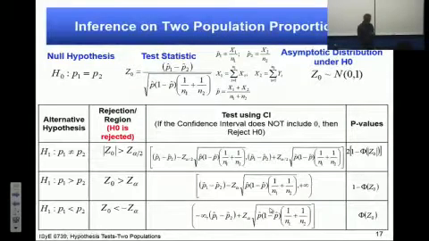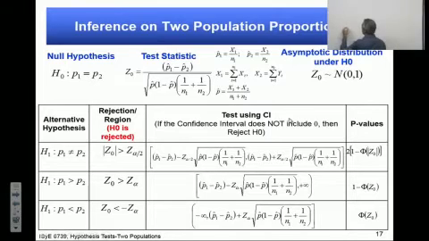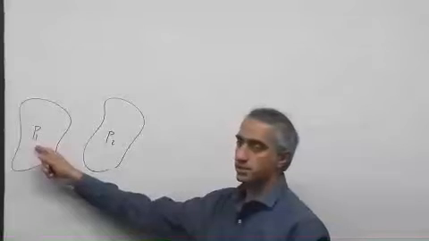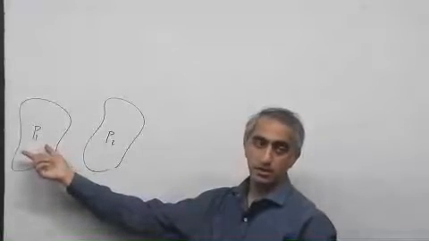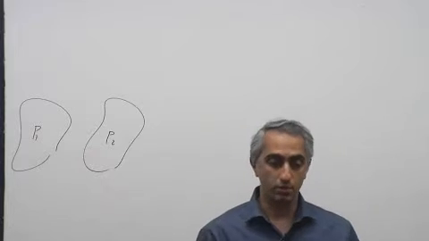We had one example, and the last type of hypothesis testing for 2 populations is for Bernoulli populations. You have 2 Bernoulli populations. So P1 and P2 is the percentage of, let's say, non-conforming items in the first population and the second population, and you want to see if they are equal or not.